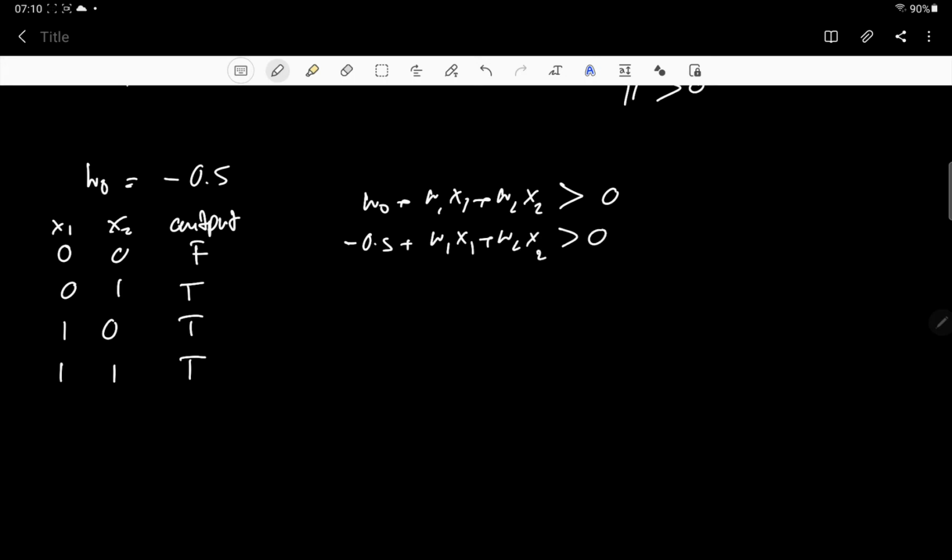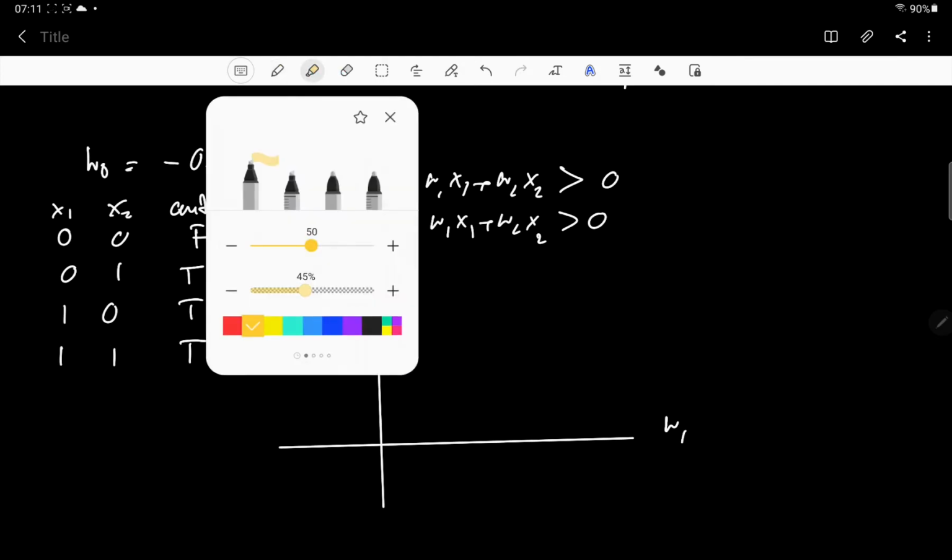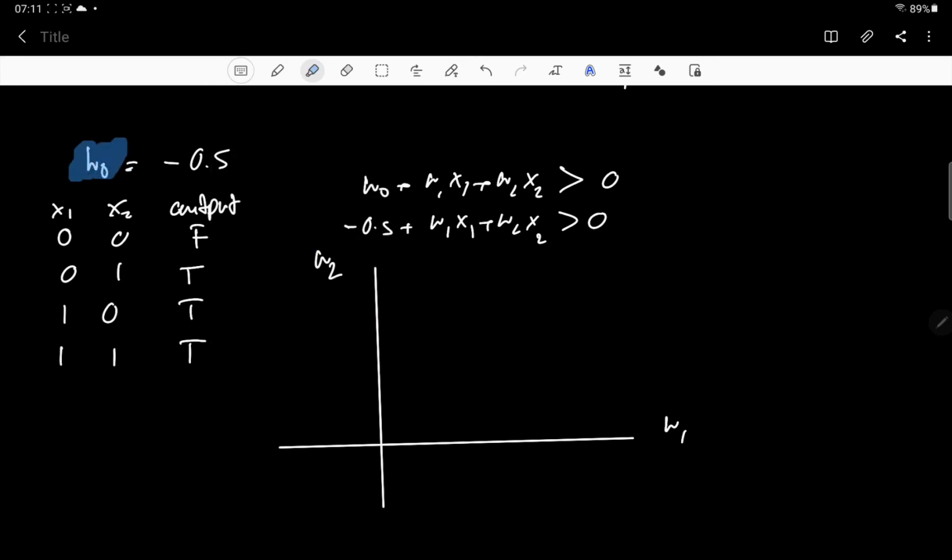Okay, so now we will create a space again to make it x1, W1 and W2, but you have to remember that this time we have W0 to be 0 minus 0.5.